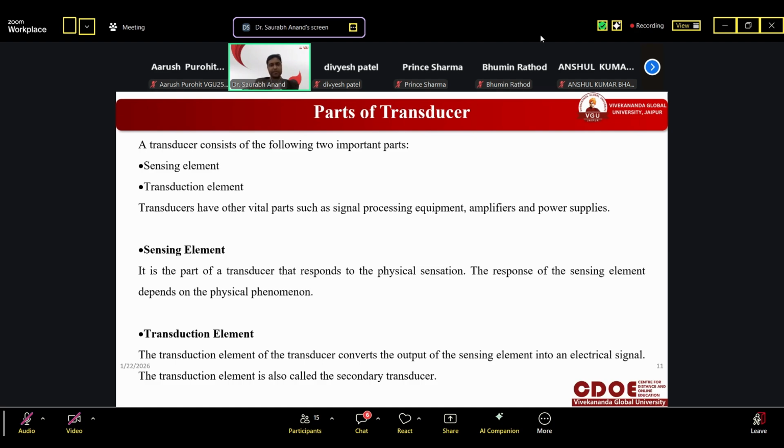At the transmitter side, at my side, I am using a microphone. The microphone is a transducer which converts my voice or sound into electrical form, and this wire is used to carry that electrical signal. It is given to the processor, finally transmitted, and received by you.